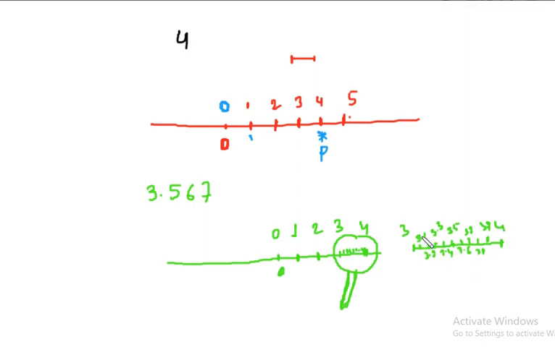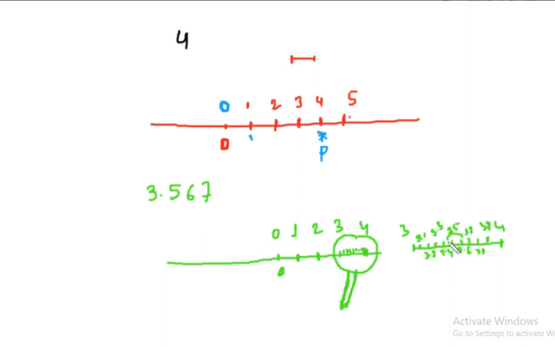I am writing 3.1 above the straight line and 3.2 below it, because we cannot write side by side; there is no sufficient space. There is no other reason for this. In this case the number lies between 3.5 and 3.6, so you magnify this portion again.